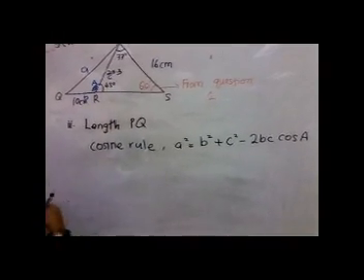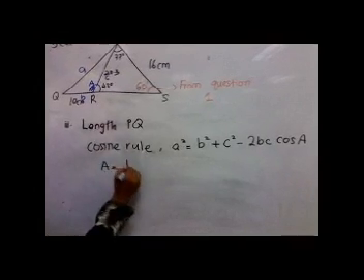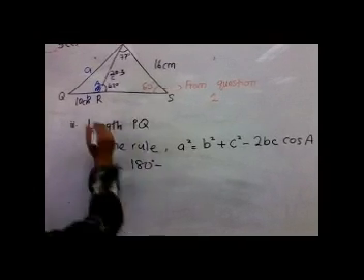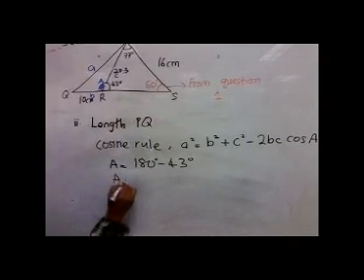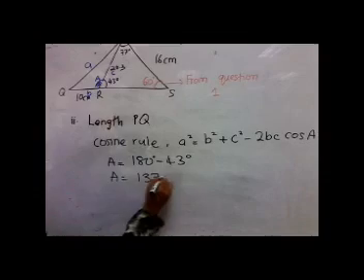So A equals to 180 degrees minus 43 degrees. So our answer should be A equals to 137 degrees.